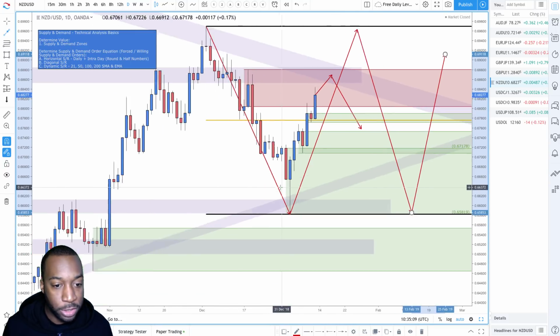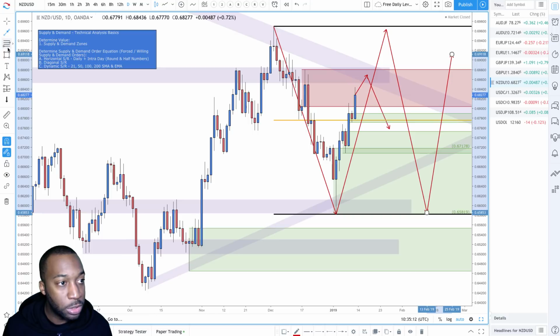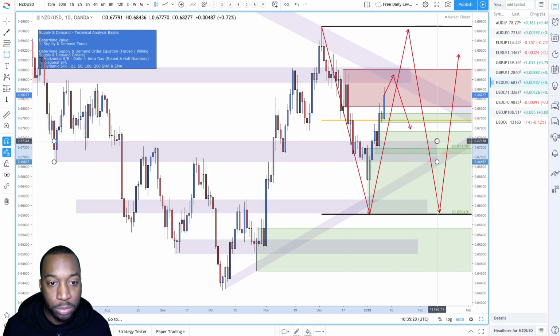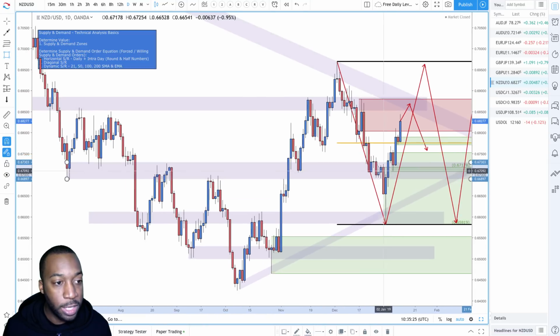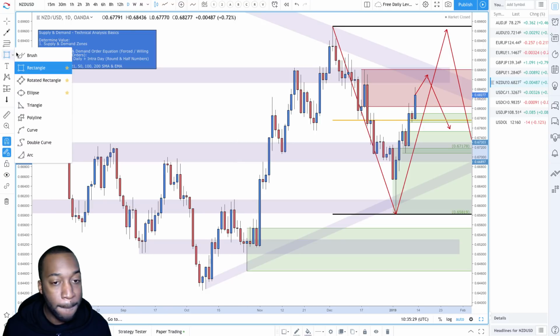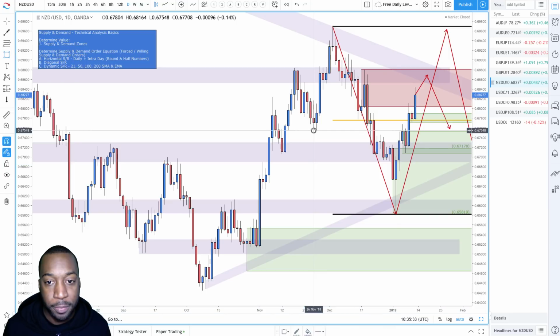So those are your areas when it comes to demand. If we look at some confluence within that area, there is a decent area to look for any buying opportunities, and there's probably one around there as well.